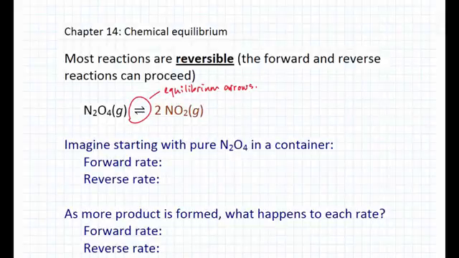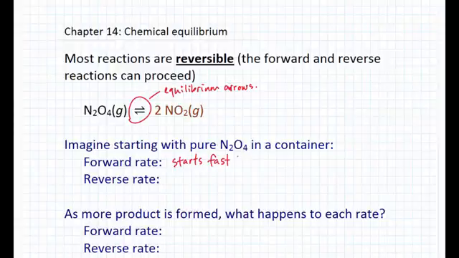When we talk about forward rate and reverse rate, we're talking about the rate of the forward reaction and the reverse reaction. So that forward rate starts fast. Because if all we're starting with is N2O4, then we have no choice. The only possible thing that can happen is converting it into product.